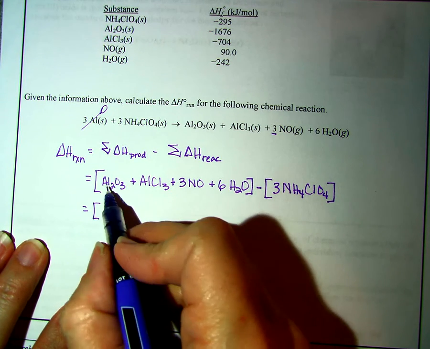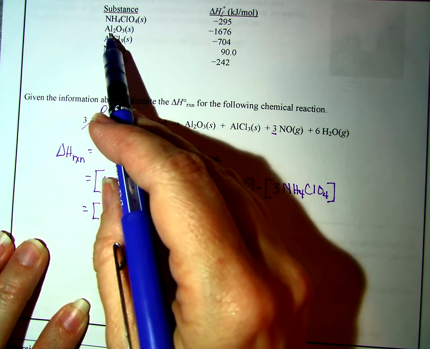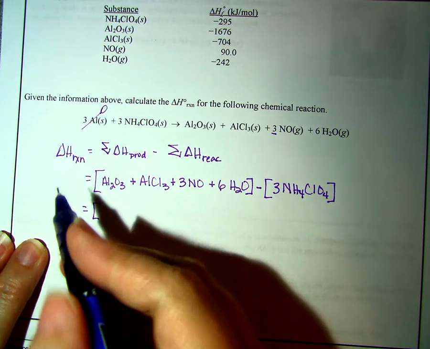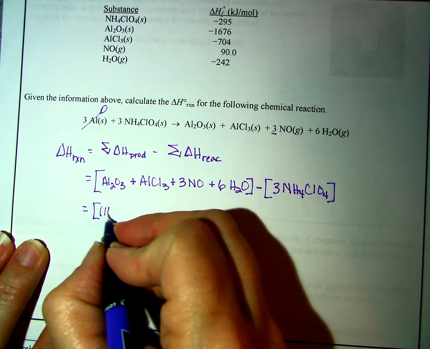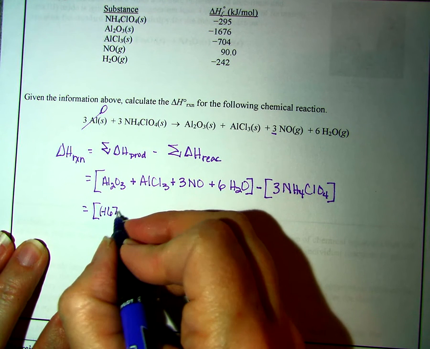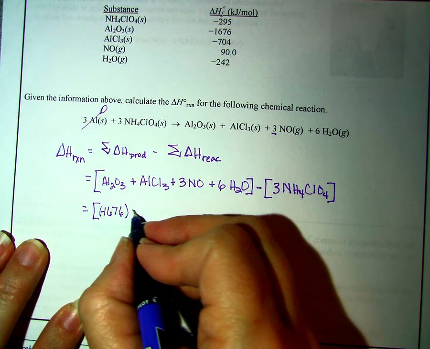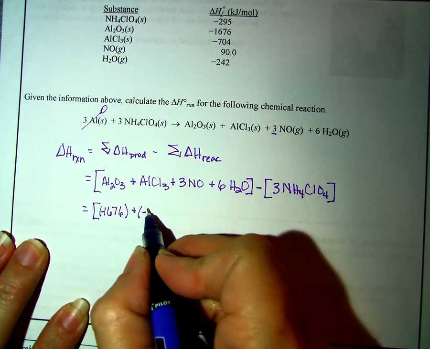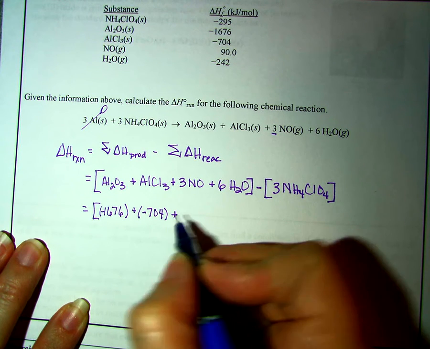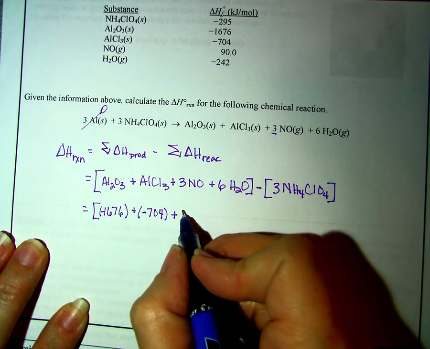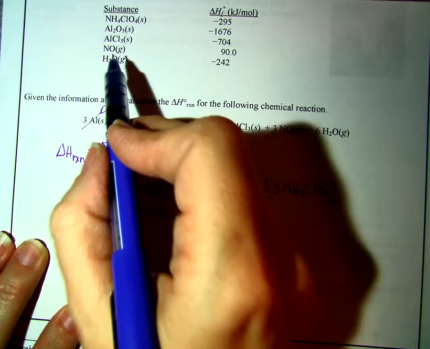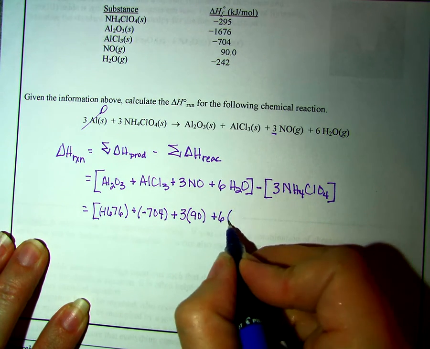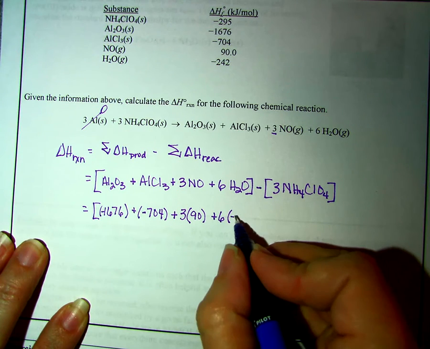All right, Al2O3. Well, we come up here and we find Al2O3. It has a delta H of negative 1,676. So negative 1,676 plus AlCl3, a minus 704, plus, and we've got 3 of these, so be sure to do 3 times NO. NO is 90, plus 6 times H2O, and H2O is negative 242.